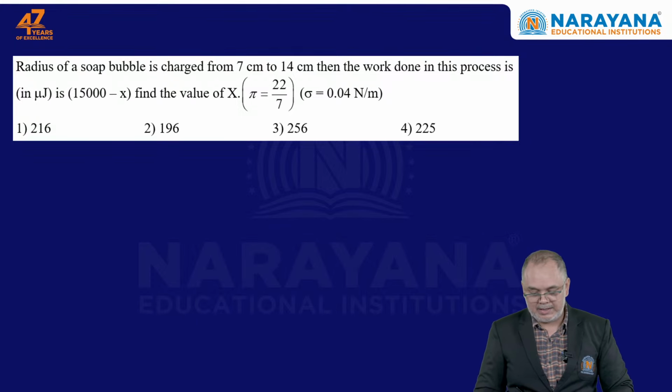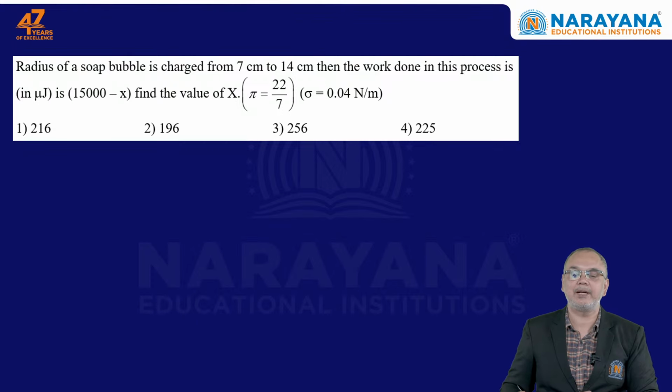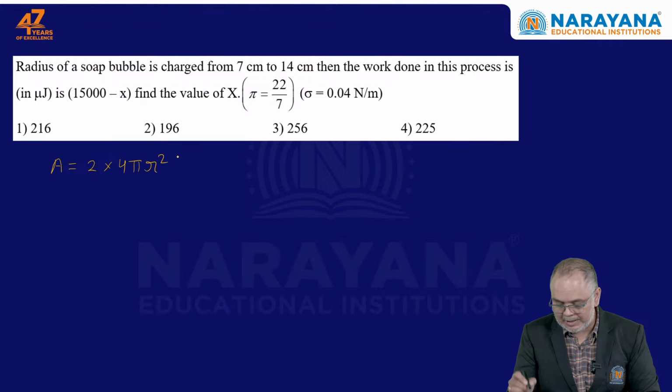So here the radius of the soap bubble is changing from 7 centimeter to 14 centimeter, so we are changing the surface area. The surface area of the soap bubble we can write as 4 pi r square into 2, because we have two surfaces. So area I can write 2 into 4 pi r square.